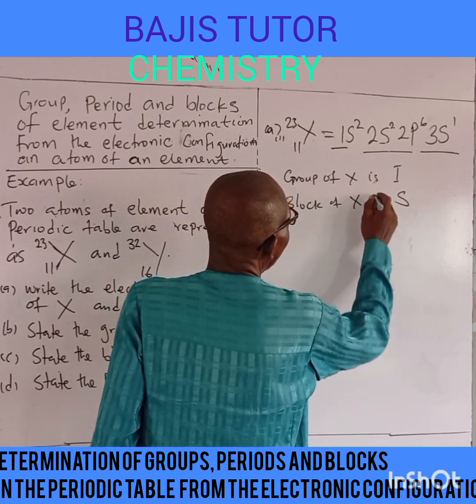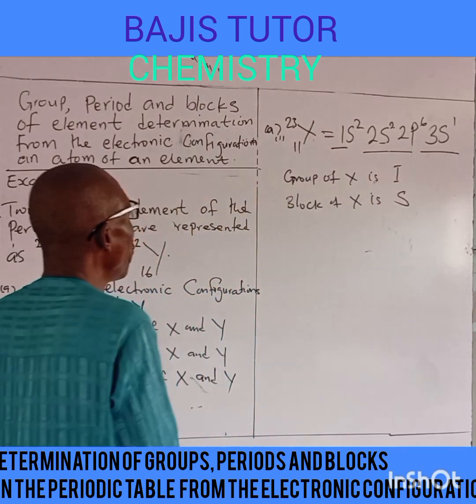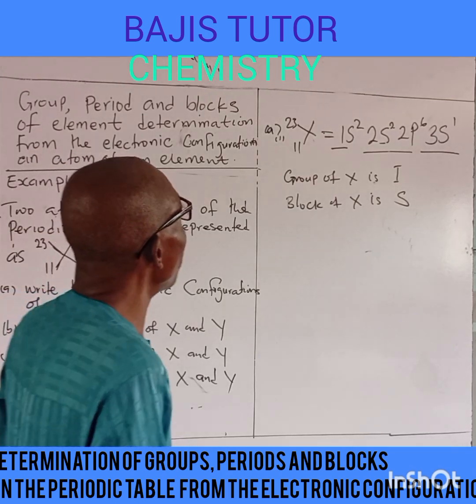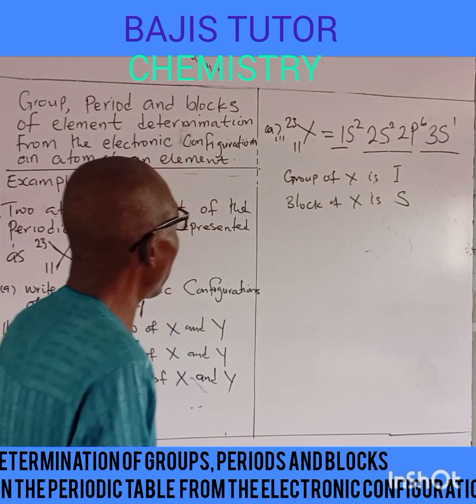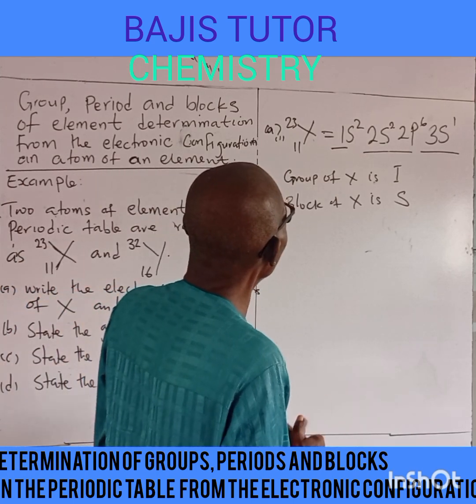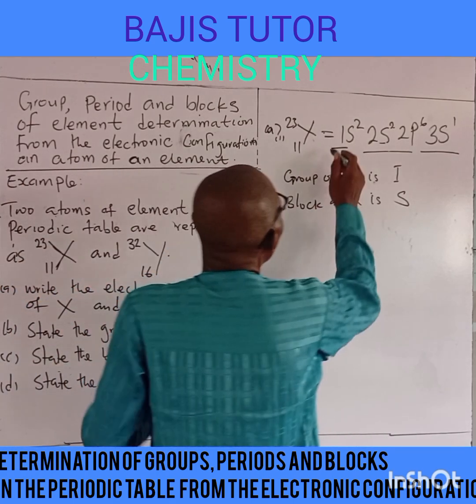It remains the period. The period gives us the number of main shells that are present. The number of main shells is the principal quantum number. Now we have 1, 2, and 3.